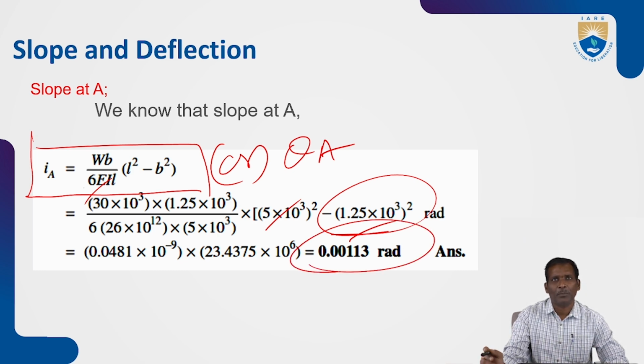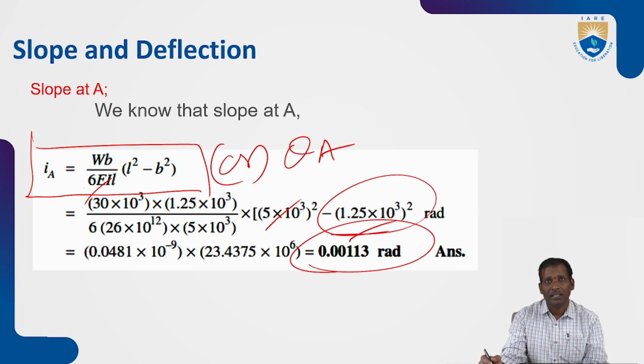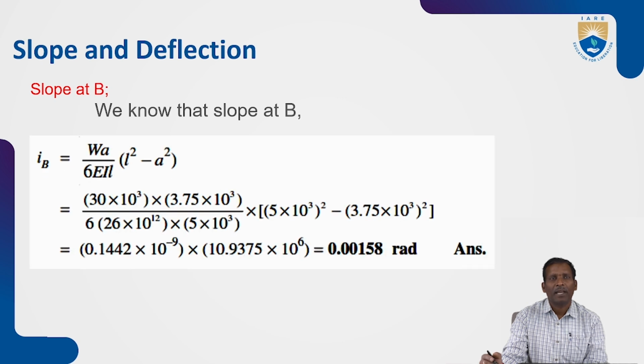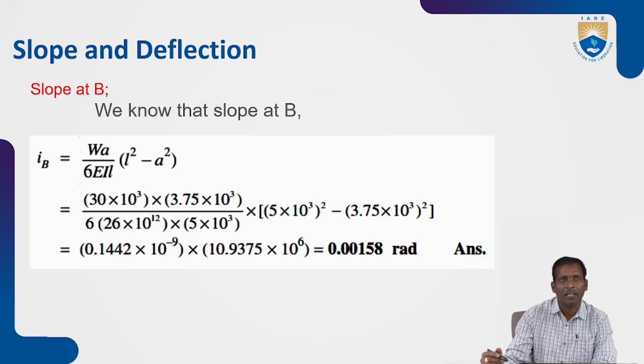Similarly, calculate at B point. Whenever this beam is subjected to a center load, it is deflected, and at the same time there is an angle, the deflected angle theta at the ends, right hand and left hand. Already we have calculated the left side.